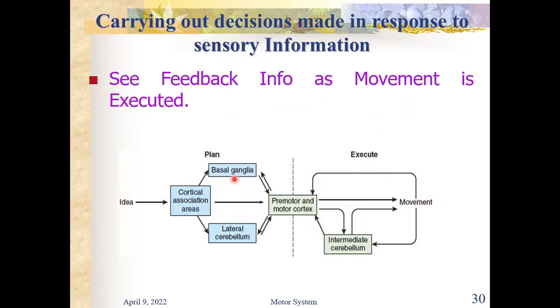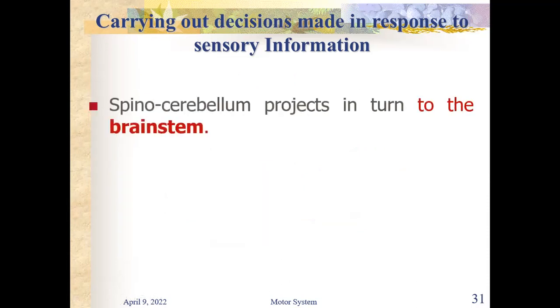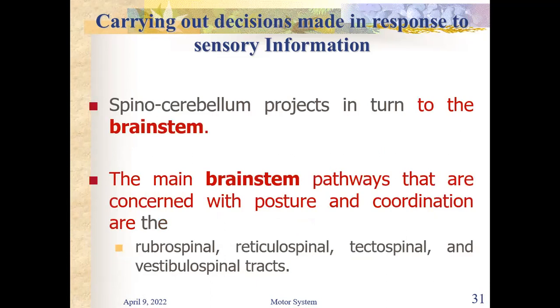Is the movement going according to the plan that was made here? So that is why the movement is always fed back. If it's not going according to plan, the premotor and motor cortex will adjust that movement, carrying out decisions made in response to sensory information. That's what we are still on.